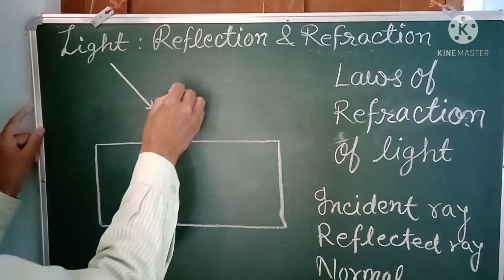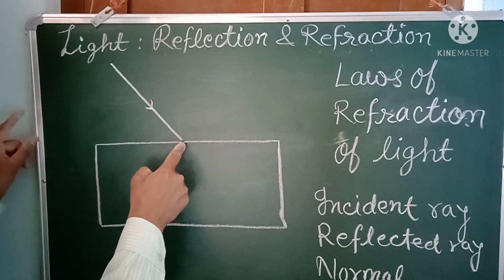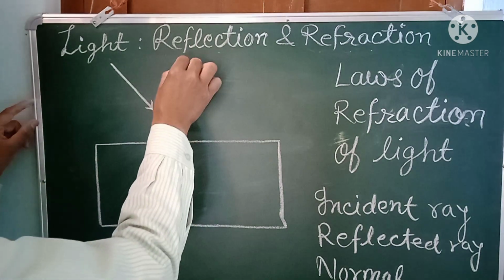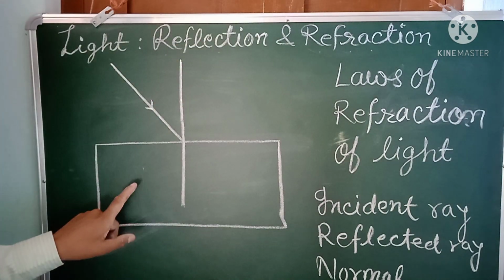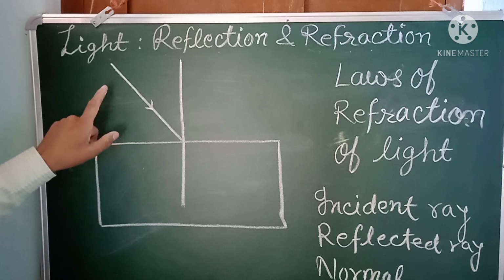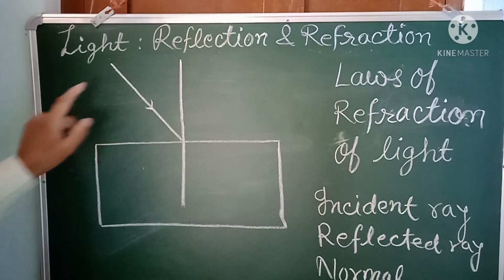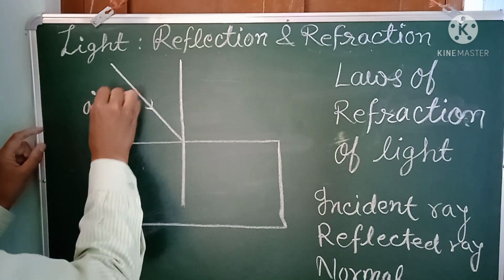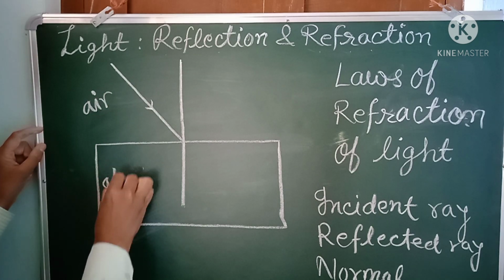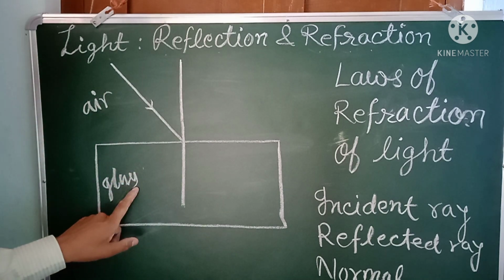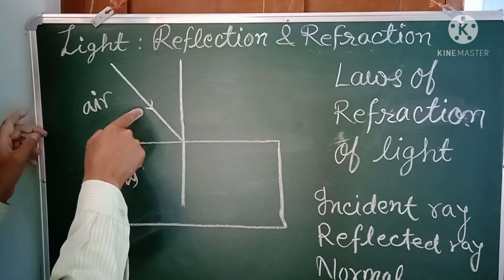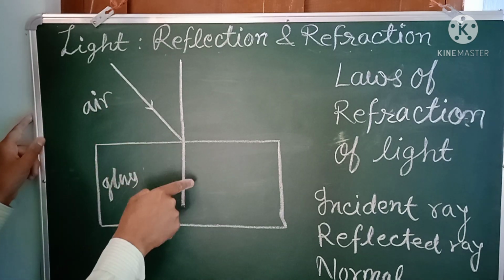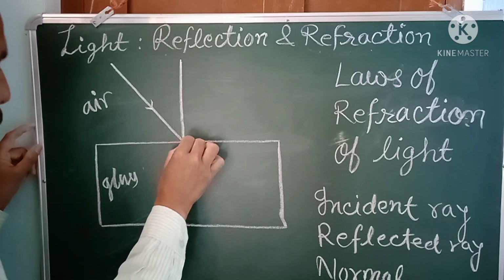We draw a normal to the interface of the two transparent media. This medium is glass and this is air. Glass is denser than air. Now, when a light ray travels obliquely from air to glass, it bends towards the normal.